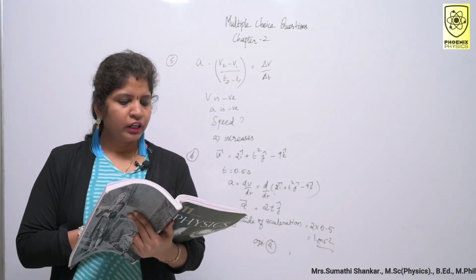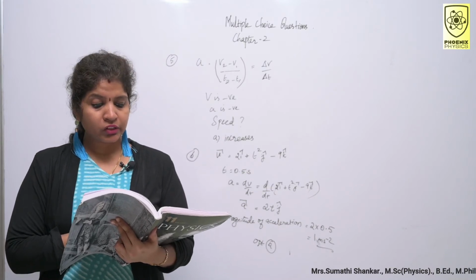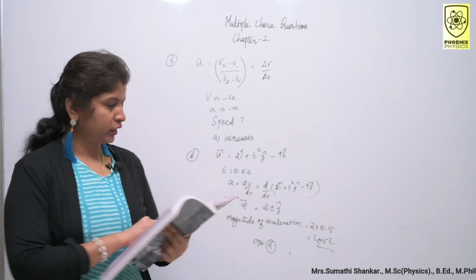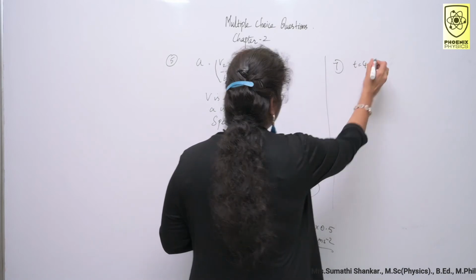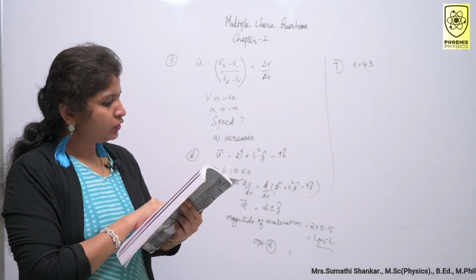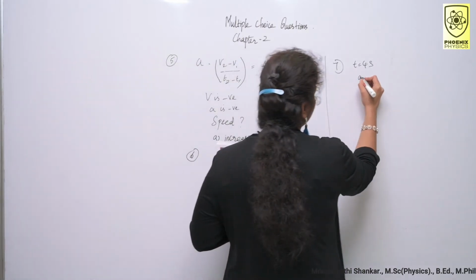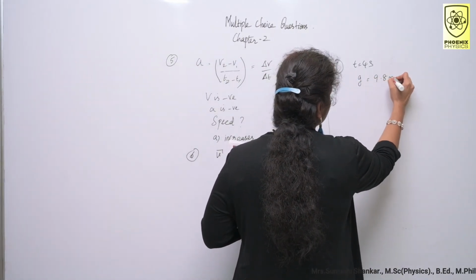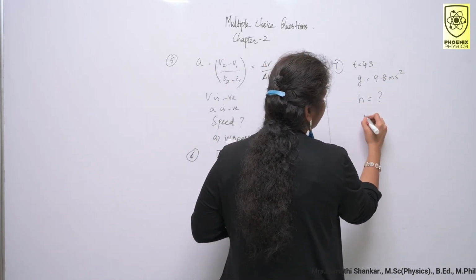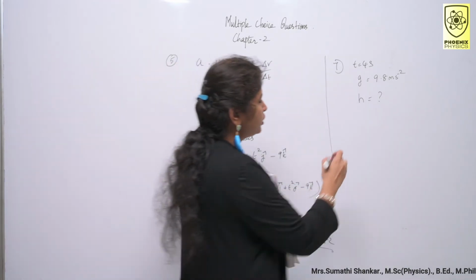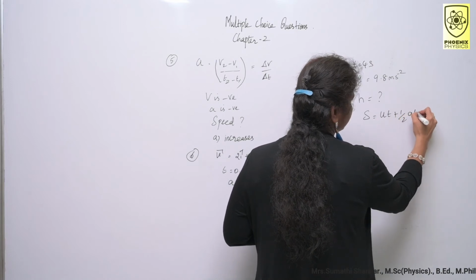Seventh question. An object is dropped from the top of a building and it reaches the ground at t is equal to 4 seconds. The t value is given, that is 4 seconds. Then the height of the building is, ignoring air resistance, g is equal to 9.8 meter second power minus 2. Find out the h value. What is the formula for h? You know the formula, s is equal to ut plus half at square.